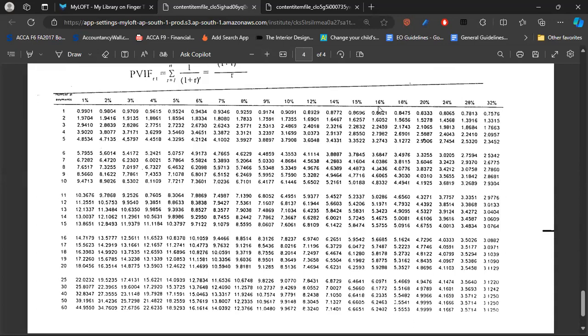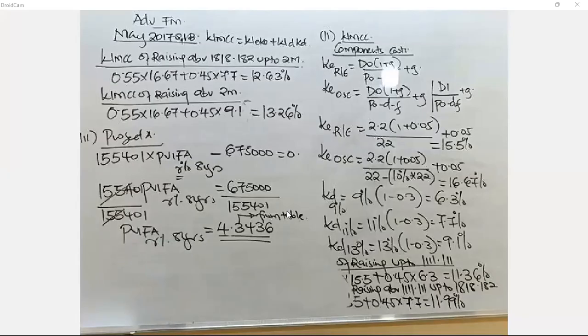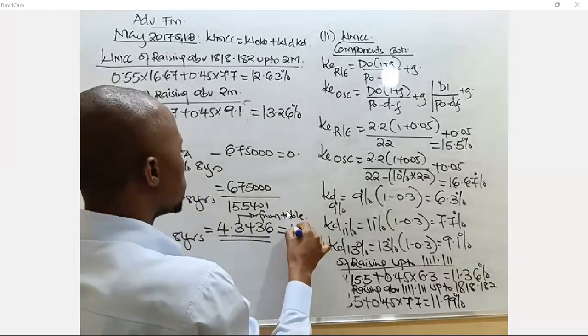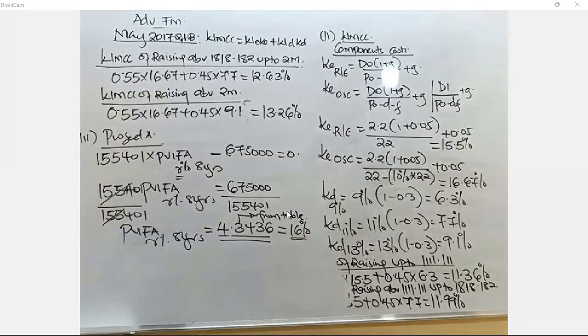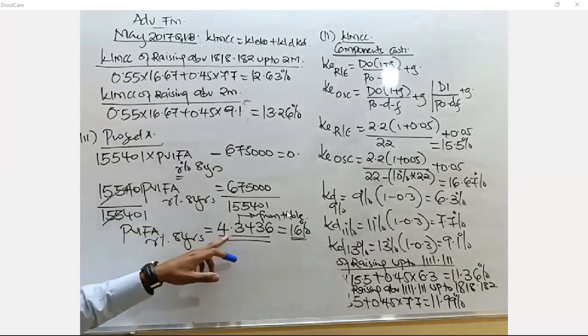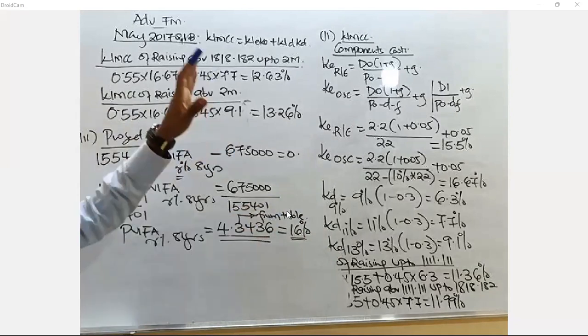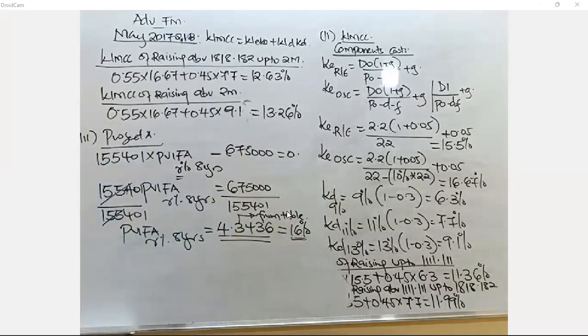And the rate which is here is 16%. So what we have seen from the table is equivalent to 16%. You look at the annuity table, take 8 years, go row-wise, look for this figure, and the rate at the top is what you read. Ours was 16%. Let us look at the project C.